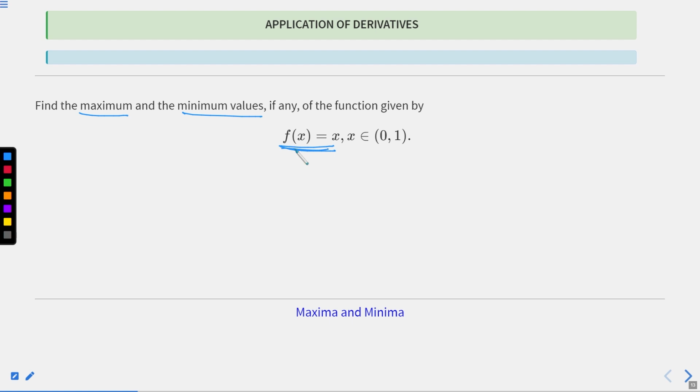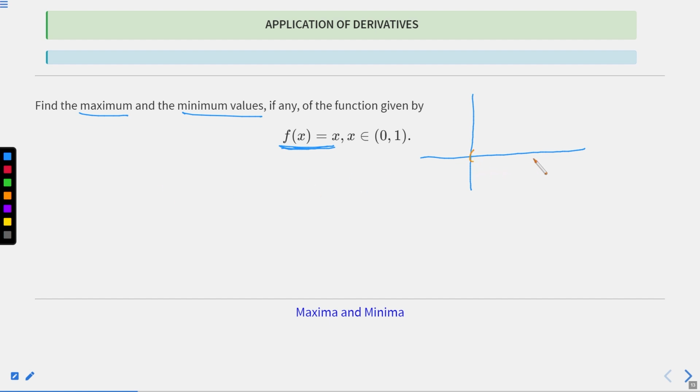Okay, so this function is given: f(x) = x in the domain, the open interval 0 to 1. One thing is very clear. If you look at it by graph, be careful with the graph.